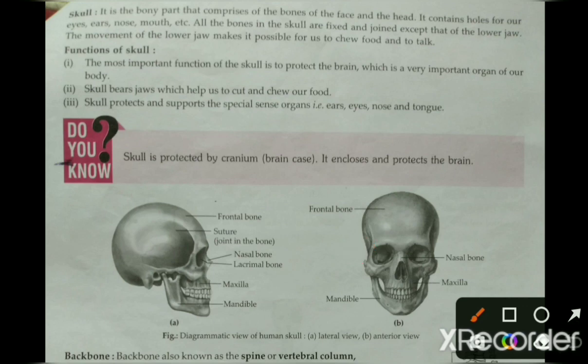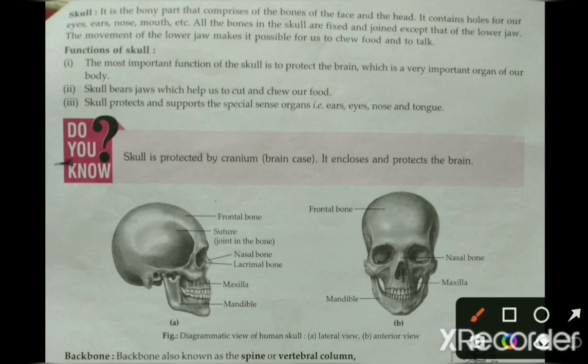You can see lots of sutures present here and there in our skull, but it is a joint which is immovable. The only joint which is movable is our lower jaw. This helps us to chew the food and we are able to talk.